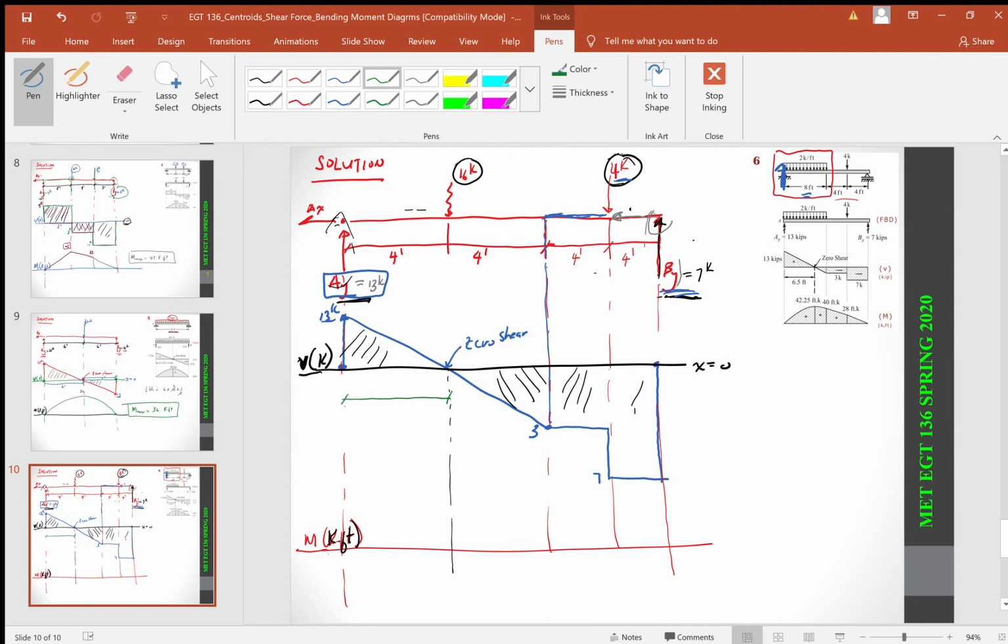What you can do is, from the support reaction point of view, from this end, find the base of this triangle as it crosses your 0 shear. A good way of doing that is to take your support reaction, 13 kips, and divide it by your uniform load value, 2 kips per foot.